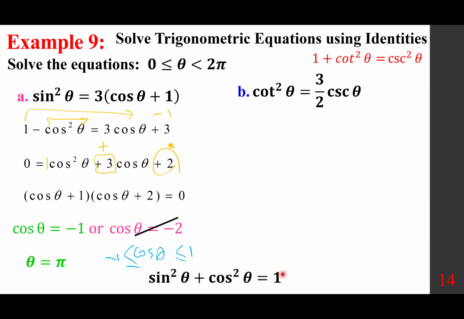We're going to use that. I can't change the cosecant, so we are changing the cotangent squared. Cotangent squared is cosecant squared minus 1. So let's replace that with cosecant squared theta minus 1.